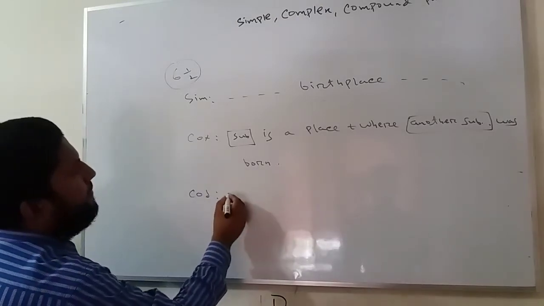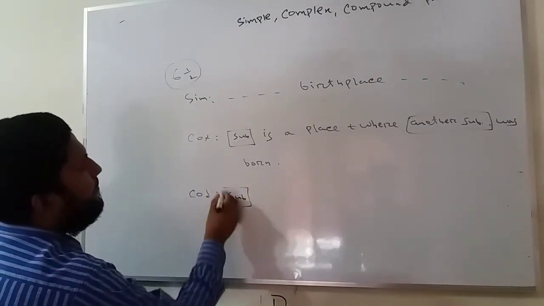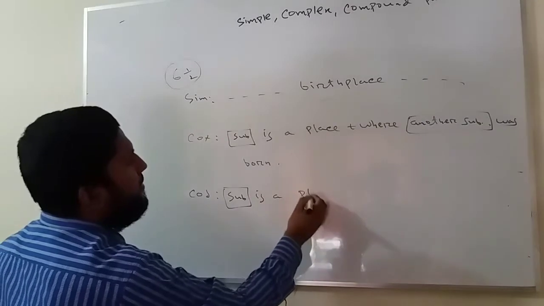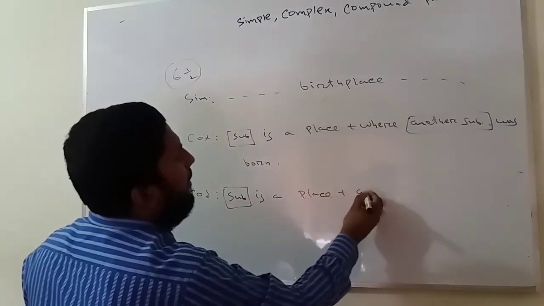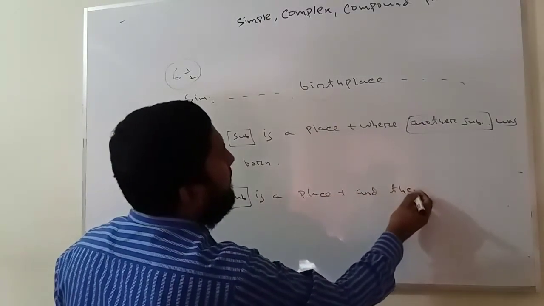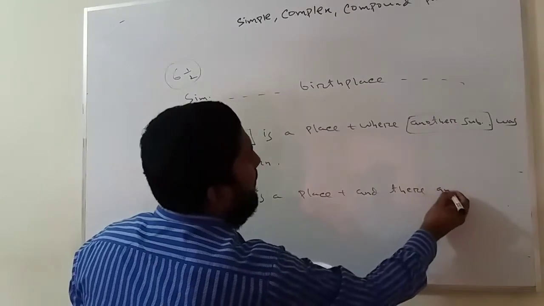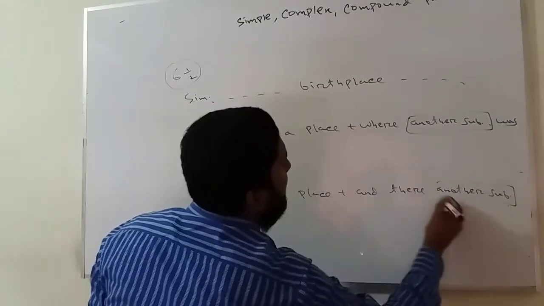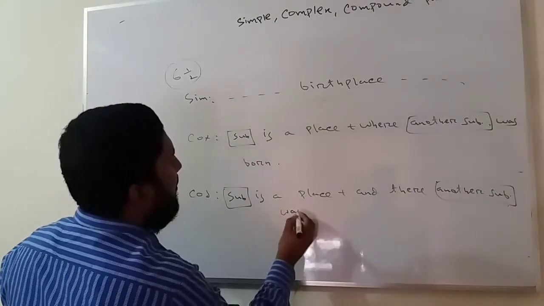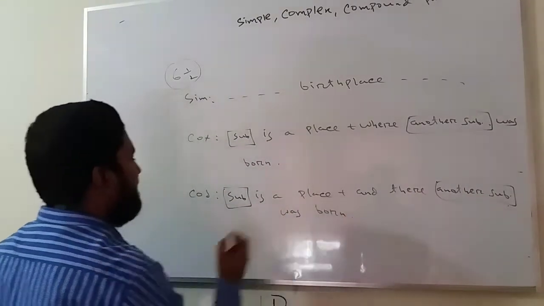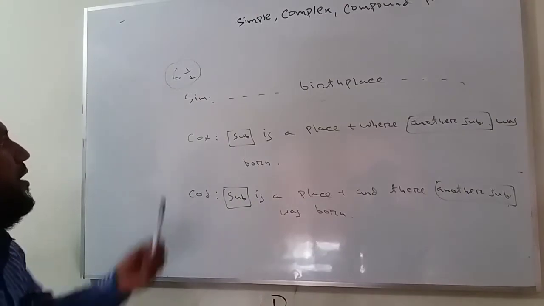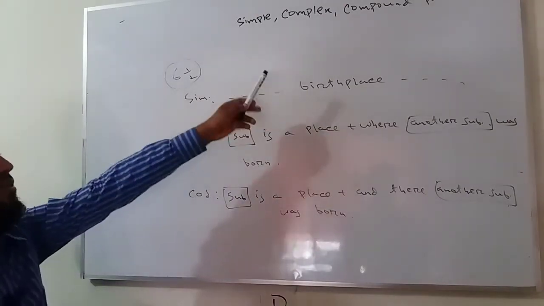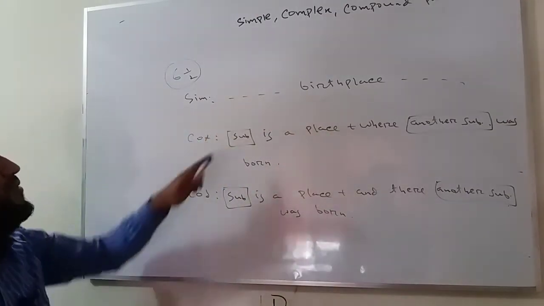Then compound, subject is a place and there another subject was born. Look at the sentence. In simple, you will find birthplace. Instead of birthplace, you will have to start from subject.